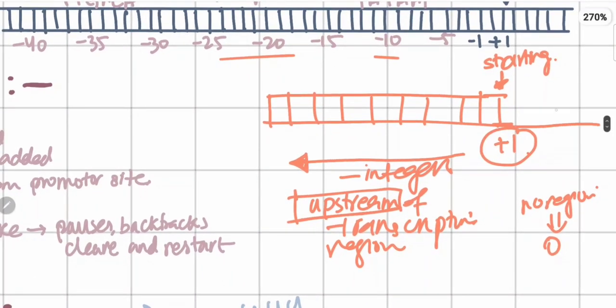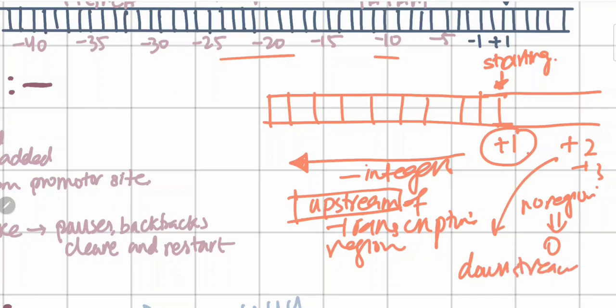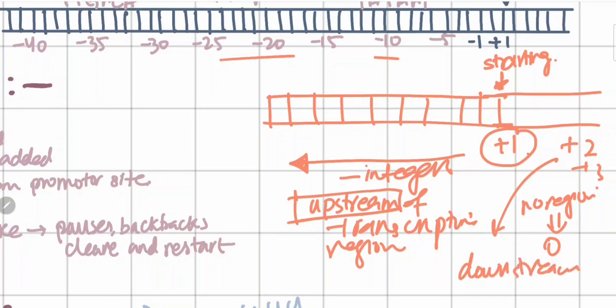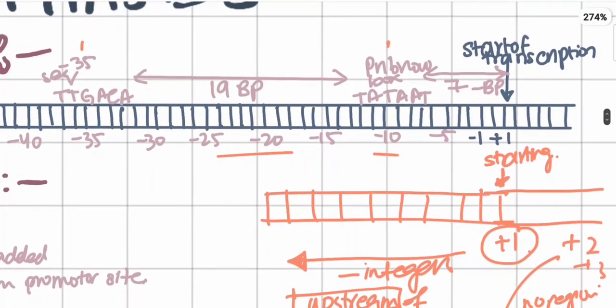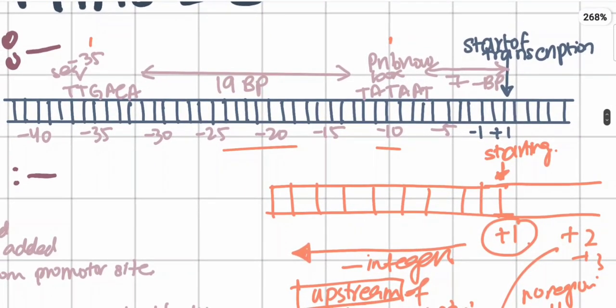And everything after it is going to be in positive integers, and it is called downstream regions, right? So now that we know that, what do these integers mean? It is just a way of charting or naming. These are just like roads, and we have named those roads. These are railroads, and we have named those railroads with numbers.